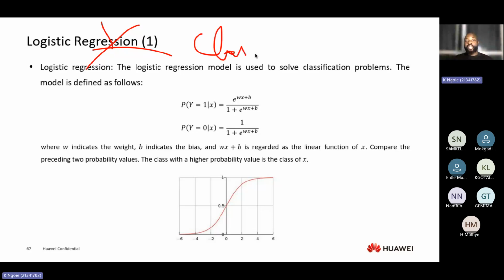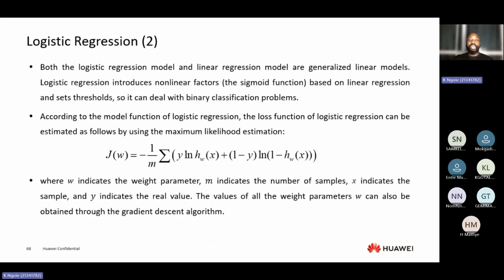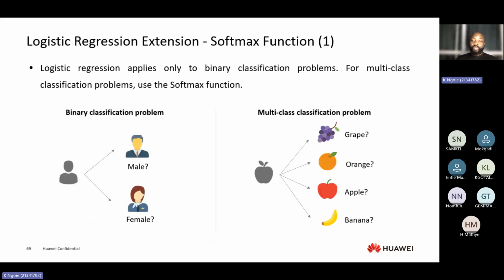In this case, we're trying to determine between 1 and 0, a true or false, a yes or no. This is an example of when logistic regression can be used to determine between male and female. This is a binary classification, with only two choices. When you have multiple choices, you have a multi-class classification problem.